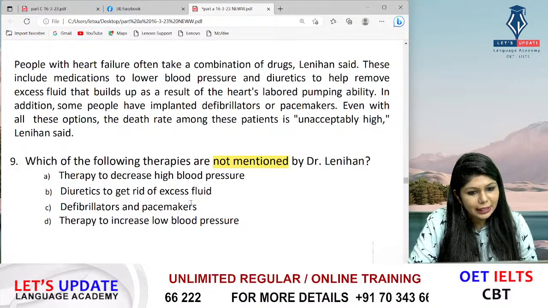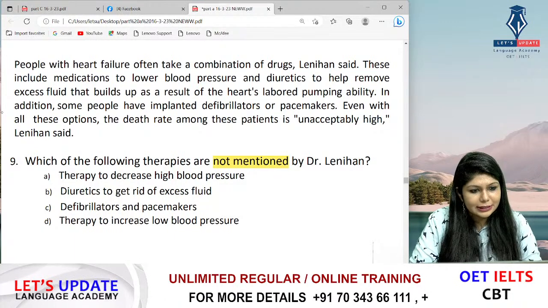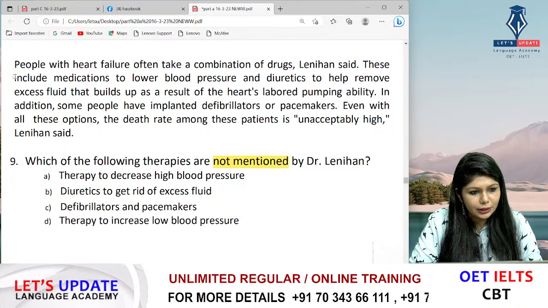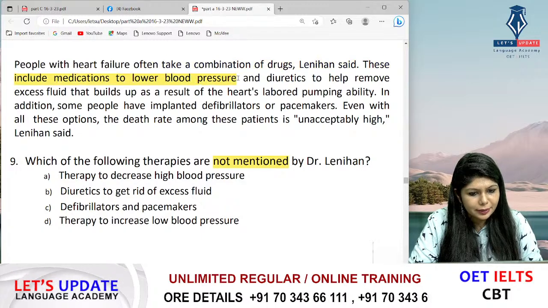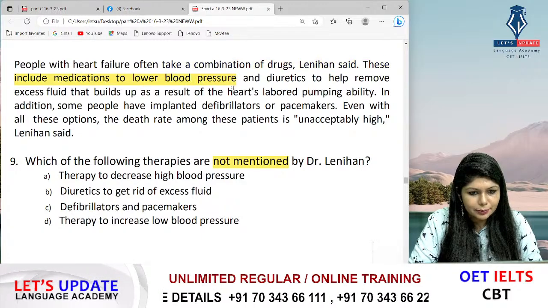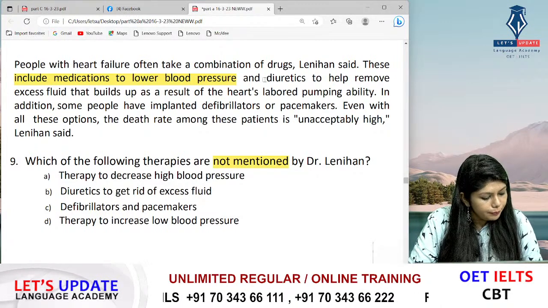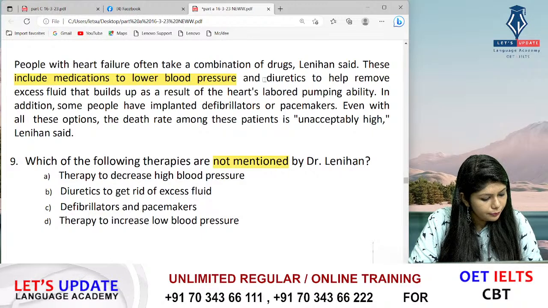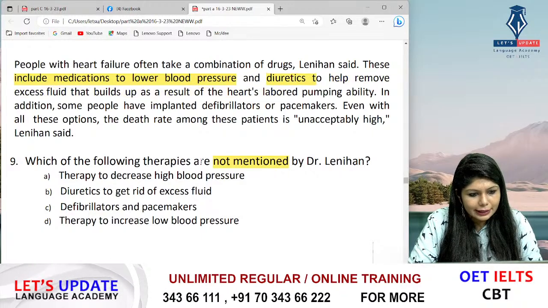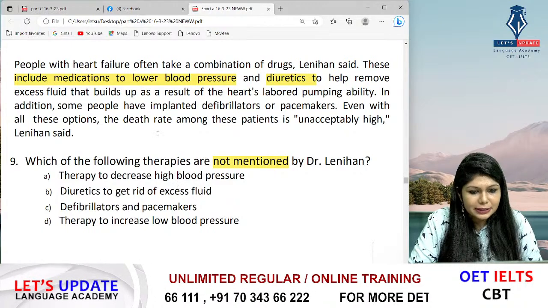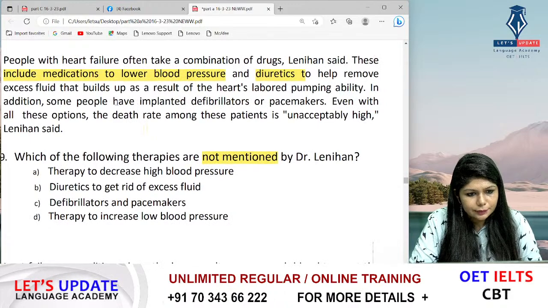Therapy to decrease high blood pressure, is that mentioned? Yes, that is mentioned over here. Include medications to lower blood pressure, that is mentioned. And diuretics, yes, that is mentioned. Then defibrillators and pacemakers, that is also mentioned.